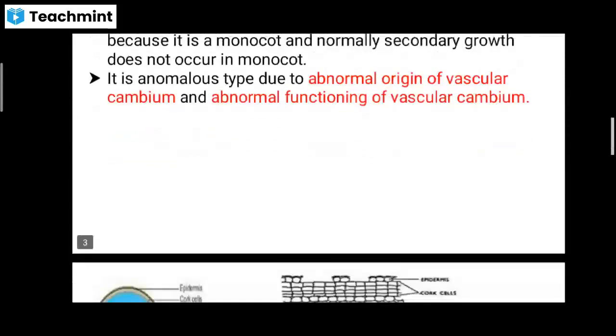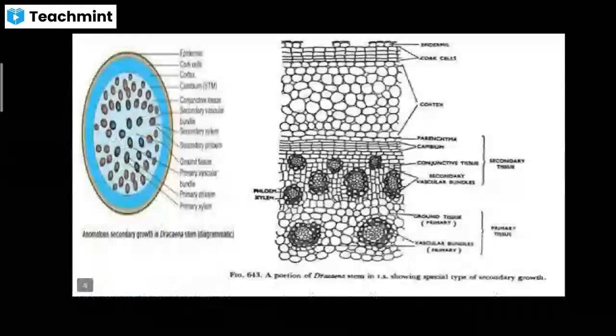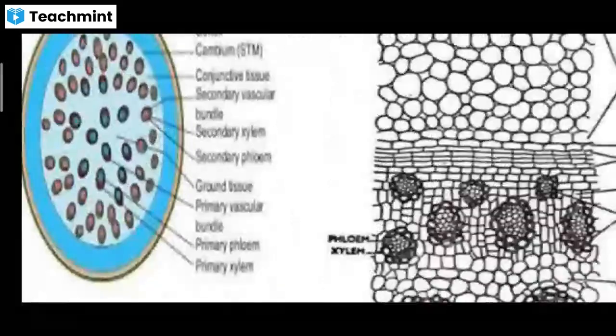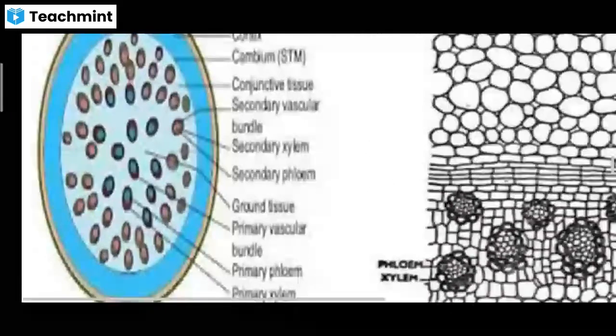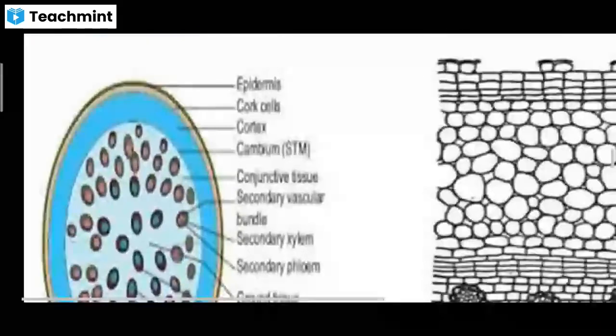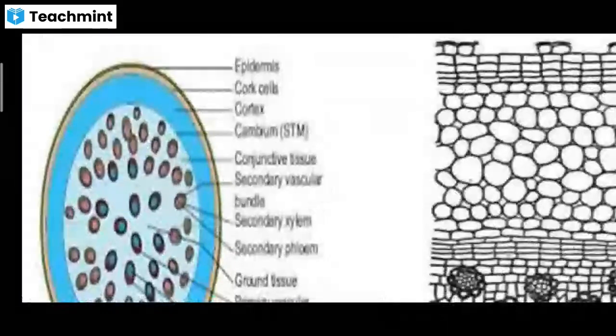So just see this. This is the figure in which you can see the anomalous secondary growth in the Dracaena stem. You can see this picture clearly. The outer side is the epidermis, which is followed by the cork cells.